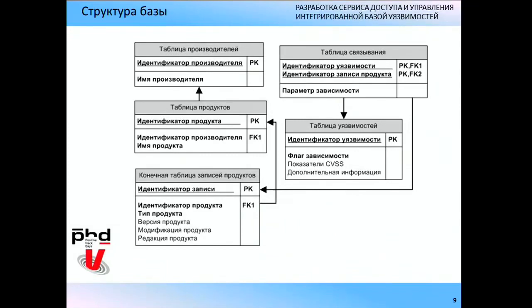ECP 2.2 version was taken as a basis, but some of the fields were removed, such as language and location, because the values of these fields cross between each other. So if in one record there's a Russian language version of the product, another refers to its modification.